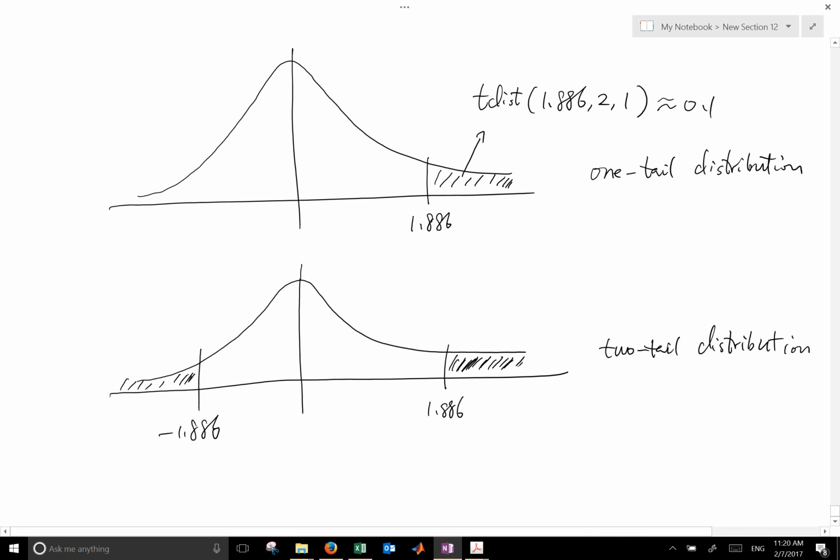So the 2-tail distribution gives you 2 tails, but they are symmetric tails. So if you use the function T.DIST with 1.886, 2 and 2, this will be doubled, like 0.2.